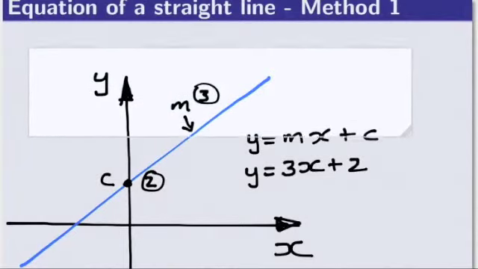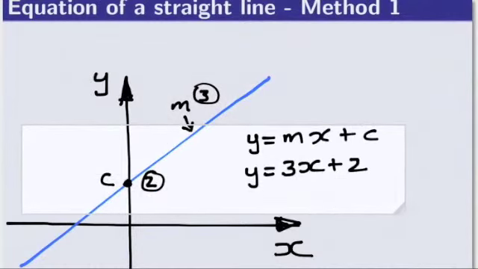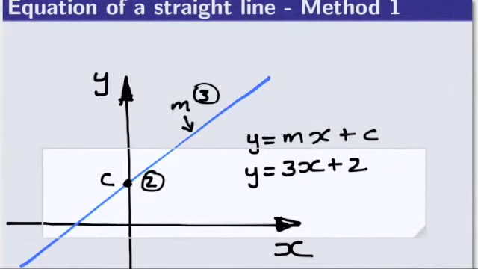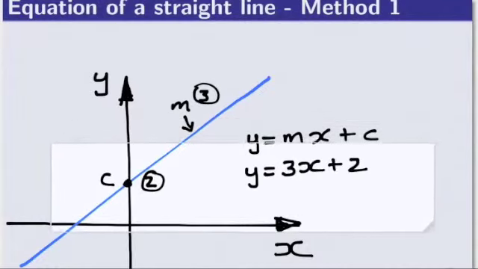So that's how we find the equation of a straight line. That's method 1. If you know the gradient and where the straight line cuts the y-axis, we can write the equation of the straight line as y equal to mx plus c.